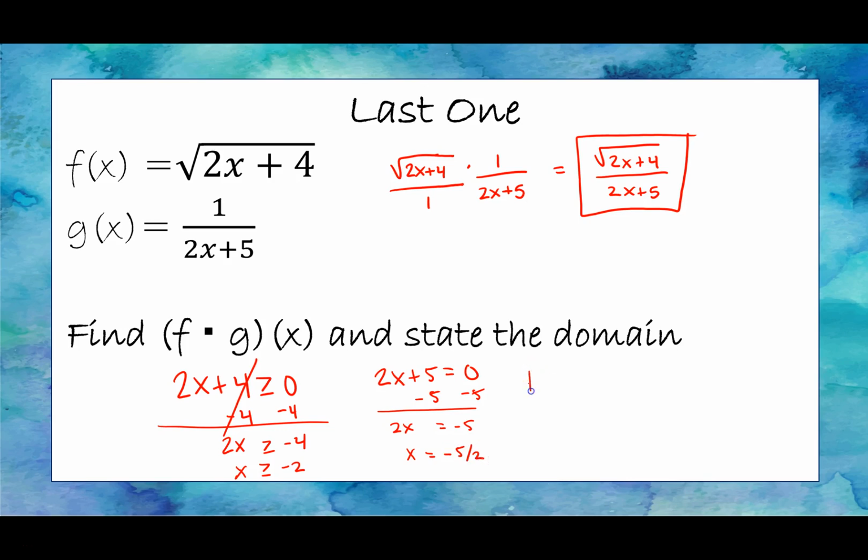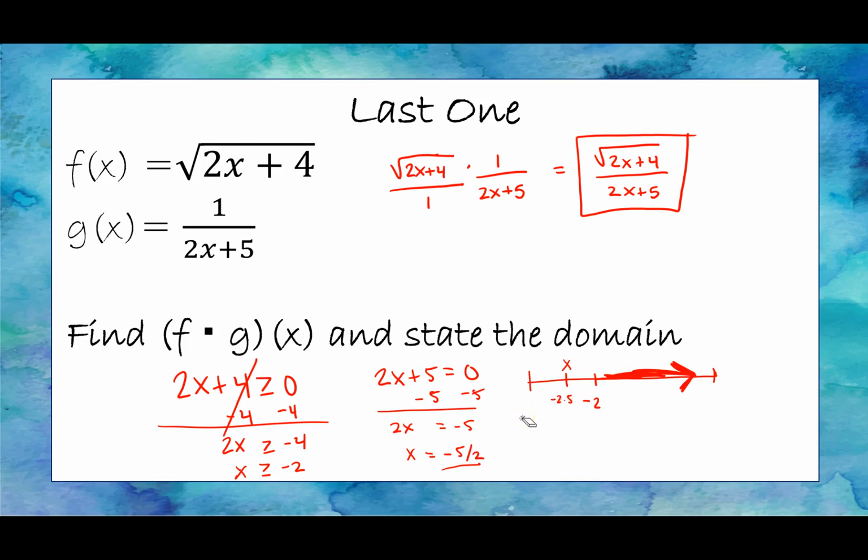Well, if we look at a number line, we know that x has to be greater than or equal to -2, but -5 divided by 2, we can't have that either. But notice how that's actually a -2.5 that we can't have, which is no big deal because we've already stated that you have to be bigger than -2. That's already eliminated the fact that you can't have that.